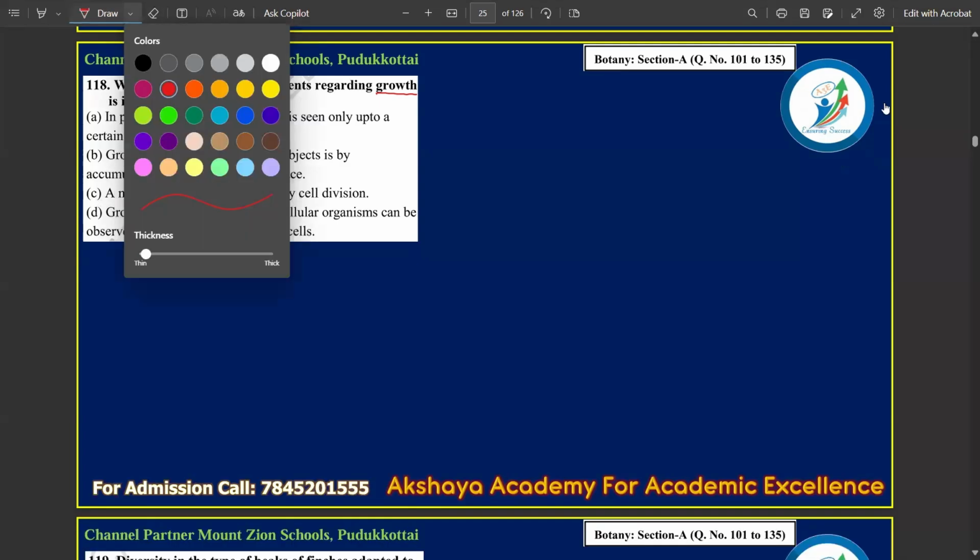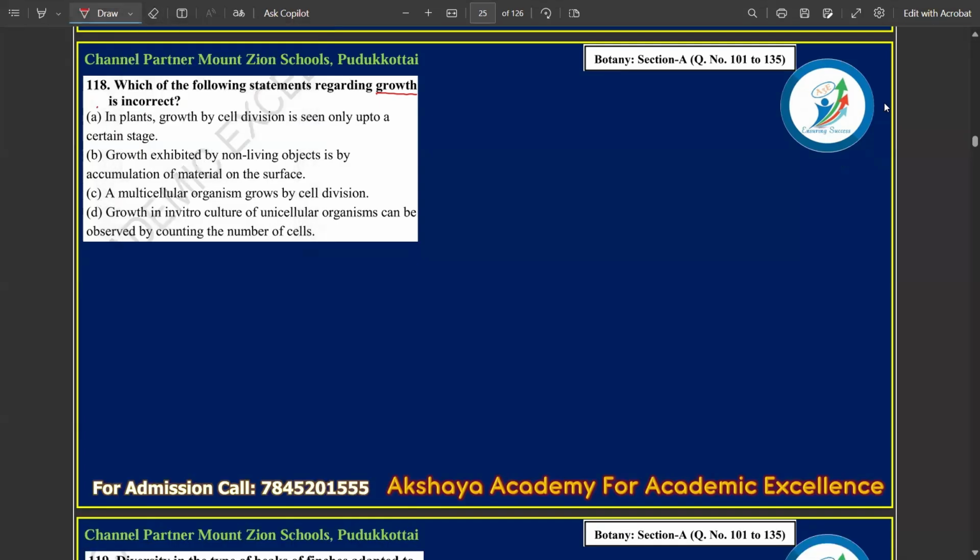It's not correct, plants have indefinite growth. So it is incorrect. Growth exhibited by non-living objects is by accumulation of material on the surface. This is true. A multicellular organism grows by cell division. This is also true. Growth in vitro culture of unicellular organism can be observed by counting the number of cells. This is also true. So you need to find the incorrect statement, and option A is the appropriate answer.